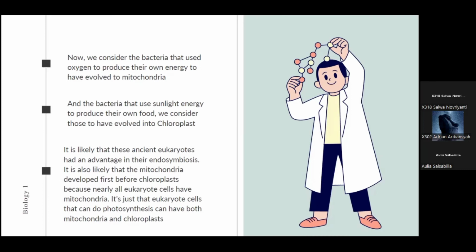It is also likely that the mitochondria developed first before chloroplasts because nearly all eukaryote cells have mitochondria. It is just the eukaryote cells that can do photosynthesis that have both mitochondria and chloroplasts.